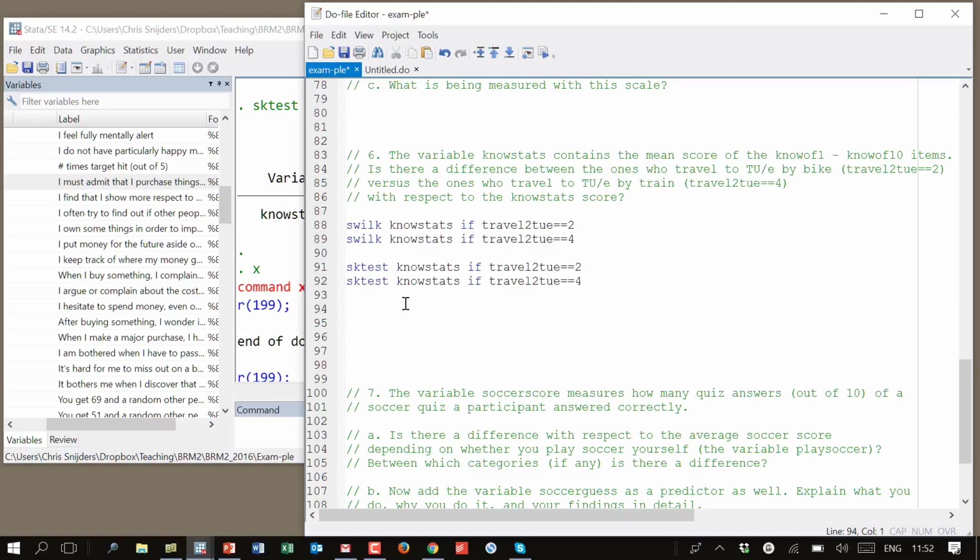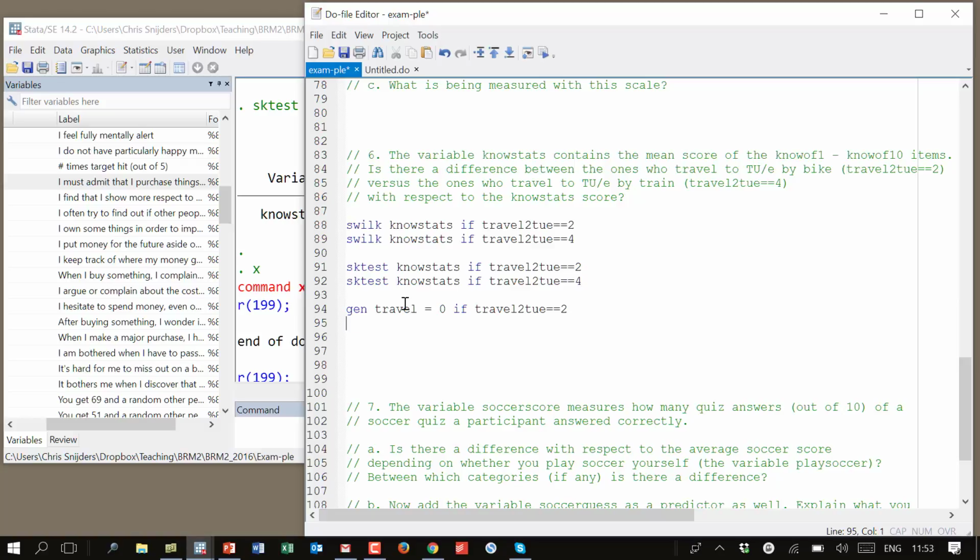Give it a shot. You can generate a new one that says generate travel, which is 0 if travel to TU is 1. No, sorry. 0 if. And otherwise, when it's 4, you can have it as 1. Yeah, and what would be the next command?